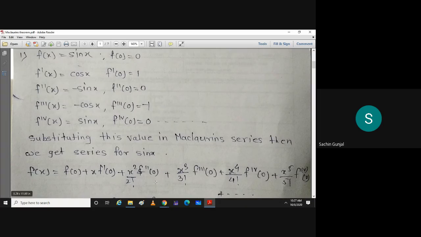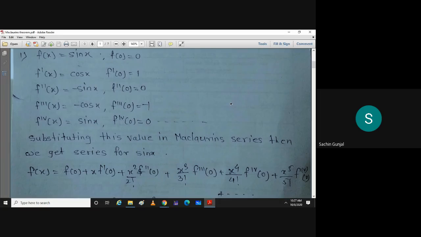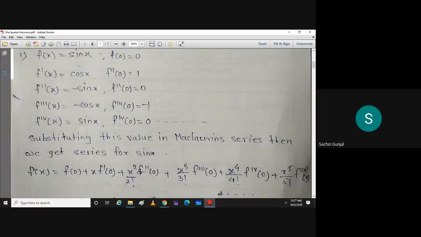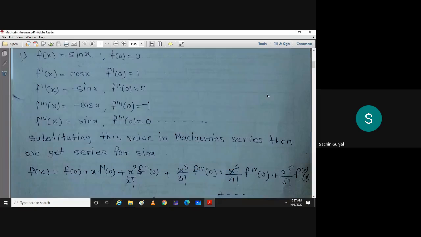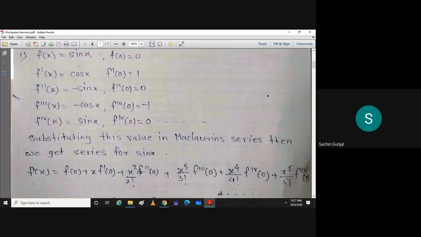So out of these first three terms, there is only x. Then x cube by 3 factorial f triple dash at 0, which is minus 1. So this fourth term is minus x cube by 3 factorial. So what we have is x minus x cube by 3 factorial. Can you tell me the next term for sin x?